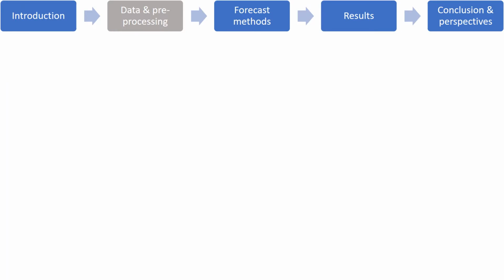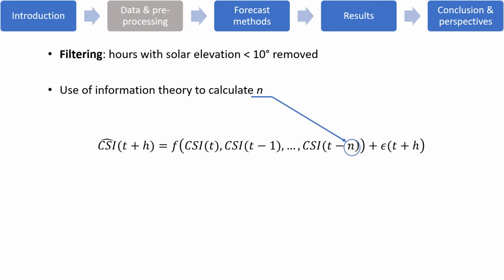Then we continue the preprocessing of the data with the filtering. Hours with solar elevation less than 10 degrees are removed, and we use information theory, such as auto-mutual information, to calculate the historical data needed to use the models.